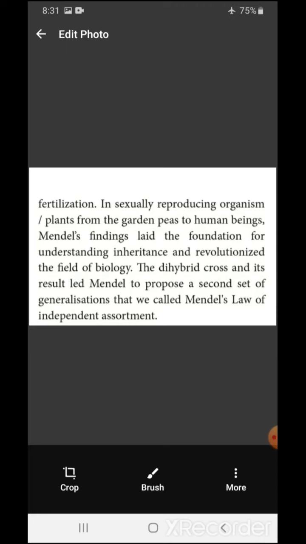Mendel's finding laid down the foundation for understanding inheritance and revolutionized the field of biology. The dihybrid cross and its result led Mendel to propose a second set of generalizations that we call Mendel's law of independent assortment. The law of dominance is proved in Mendel's monohybrid cross, while the law of independent assortment can be proved in Mendel's dihybrid cross.